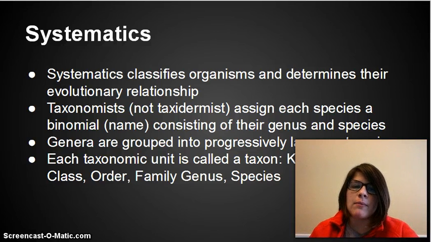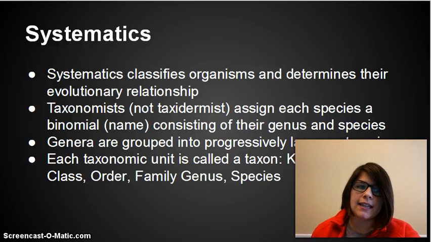And remember, each taxonomic unit is called a taxon. So this actually says kingdom, phylum, class, order, family, genus, and species, but it should say domain, phylum, class, order, family, genus, species. About 5 years ago, we added the new taxon domain, where we look at whether or not you're eukaryotic, you're prokaryotic, and if you're prokaryotic, there are actually 2 separate domains for that.